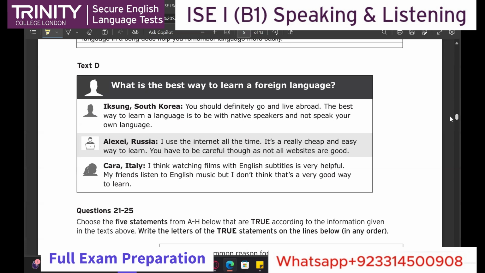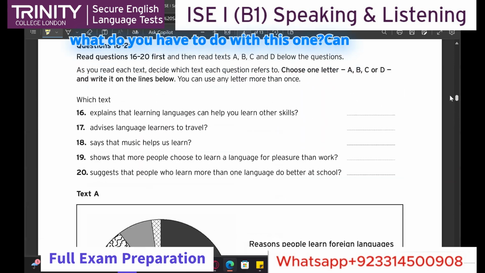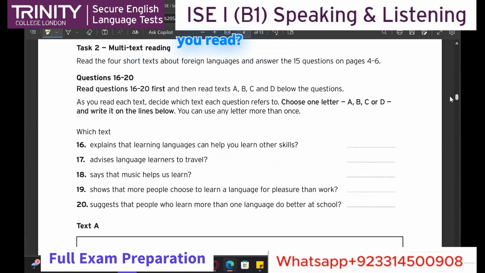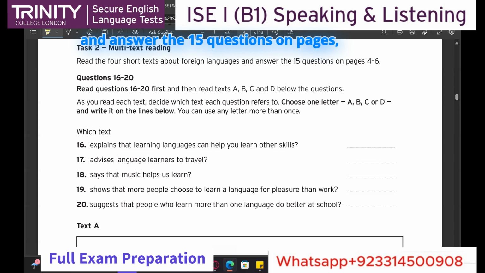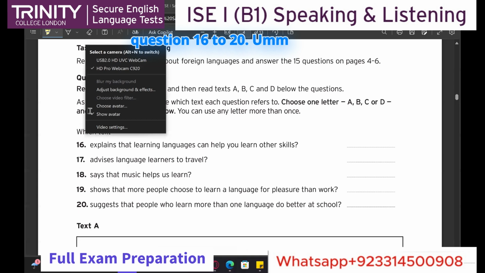All right. Okay, now we're going to have a look at the question types. What do you have to do with this one? Can you read? Multi-text reading. Read the 4 short texts about foreign languages and answer the questions on pages. Question 16 to 20.